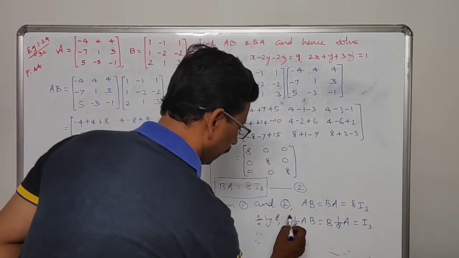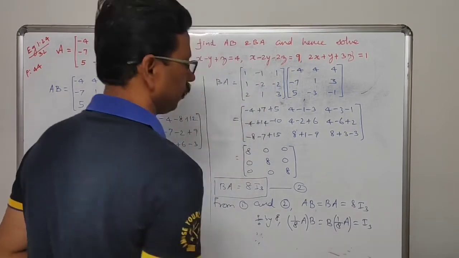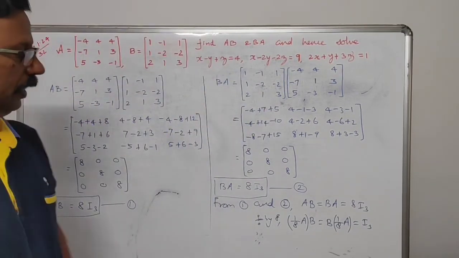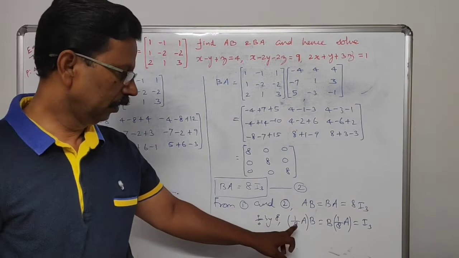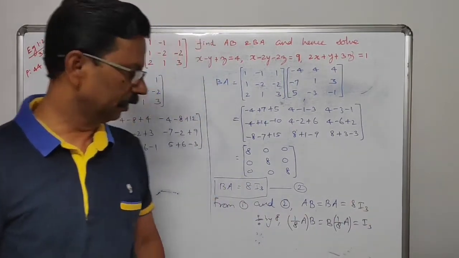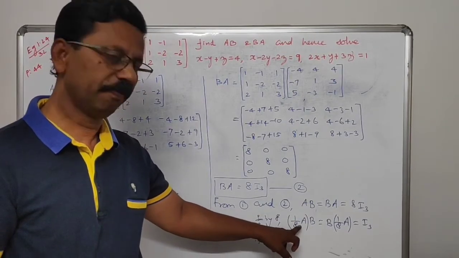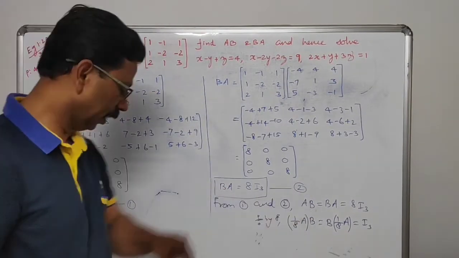Now write these within a bracket. This is in the form AB equal to BA equal to I3, which means this can be taken as the inverse of A.